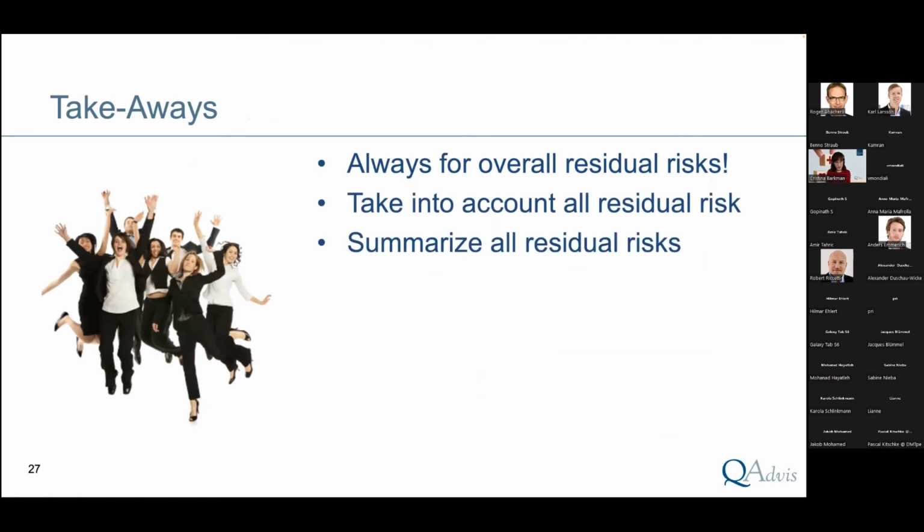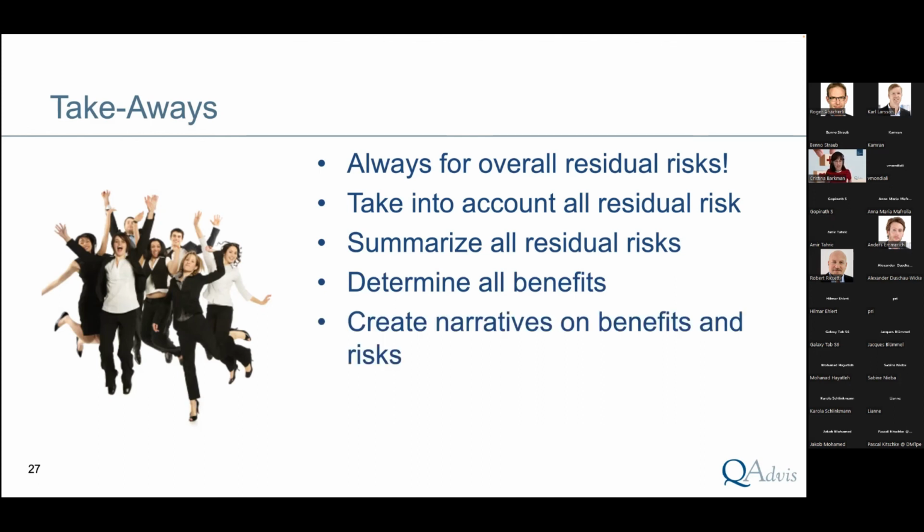You should summarize all residual risk and organize it, so you can do the analysis in a good way. Determine the benefits, so provide the benefits, and create narratives on benefits and risk. And last but not least, use clinical and post-market data to support your analysis.